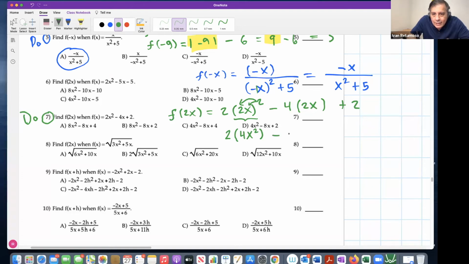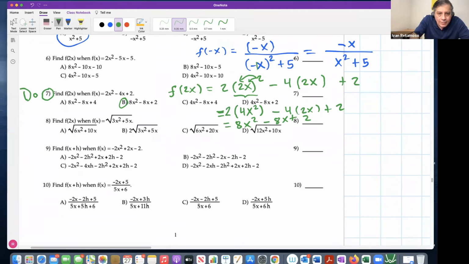Now I have 4 times 2x plus 2. If you are not familiar with these things, do it slowly so you don't make mistakes. 2 times 4, 8, so 8x squared, minus negative 4 times 2, 8x, plus 2, right? And that is this guy. Number 7. Excellent.